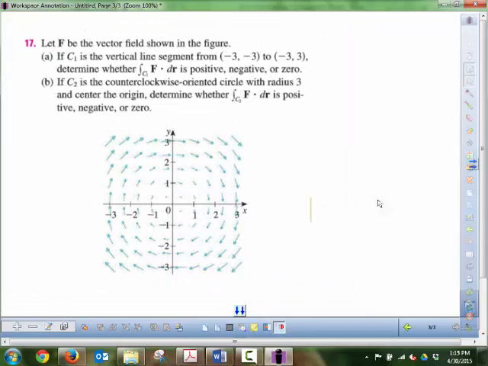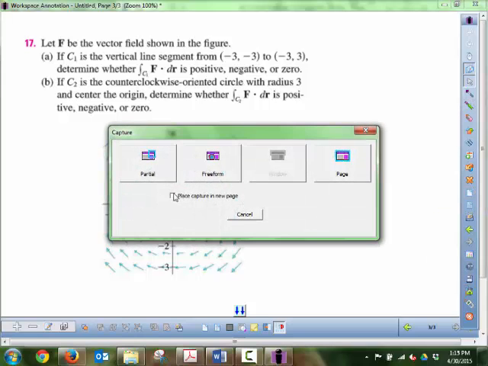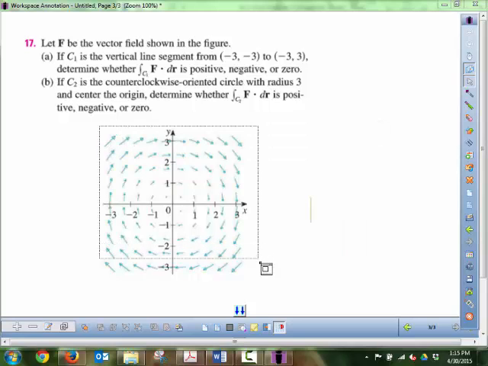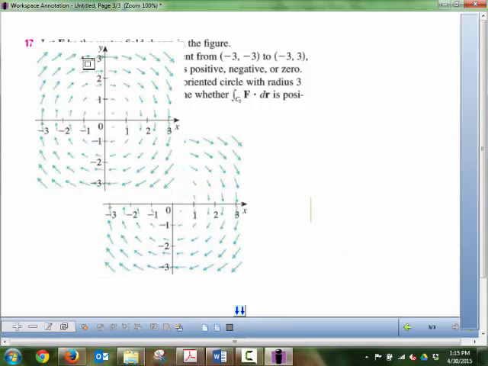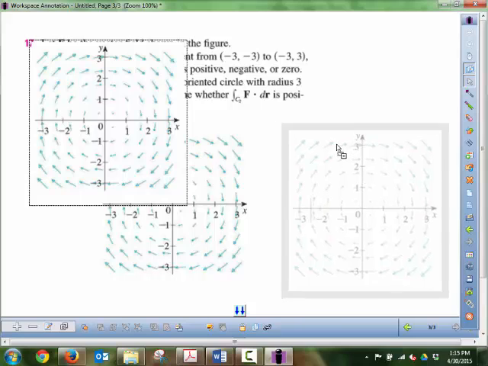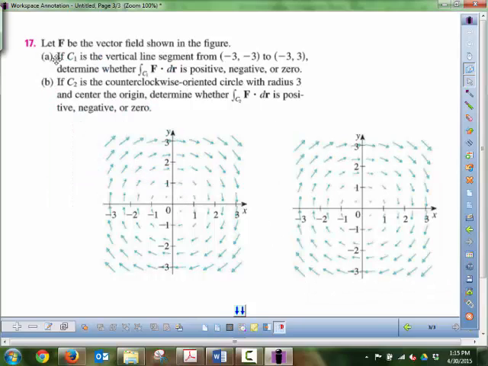So here's, maybe I should, I'm going to need two of these. F is this vector field shown in this figure below.